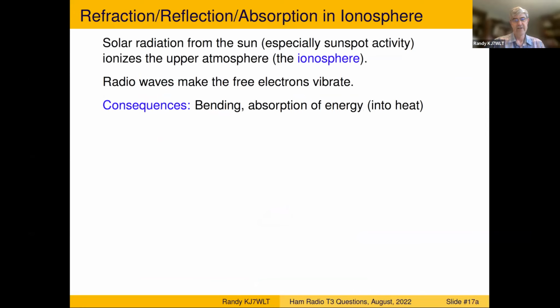So the ionosphere is the upper limit of the atmosphere, where the atoms are very sparse. And they're being hit by solar radiation from the sun and cosmic rays from elsewhere. And that radiation ionizes the upper atmosphere. Ionizing the gas simply means that the molecules of nitrogen and oxygen and other gases up in the upper atmosphere, which are normally electrically neutral, with the same number of electrons and protons, get hit by radiation, and some of those electrons get broken away.